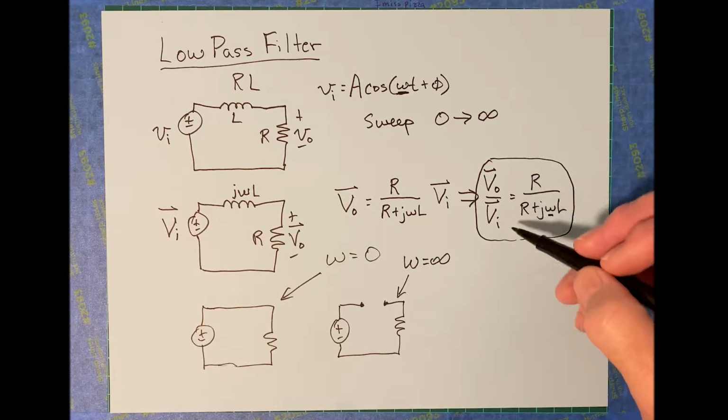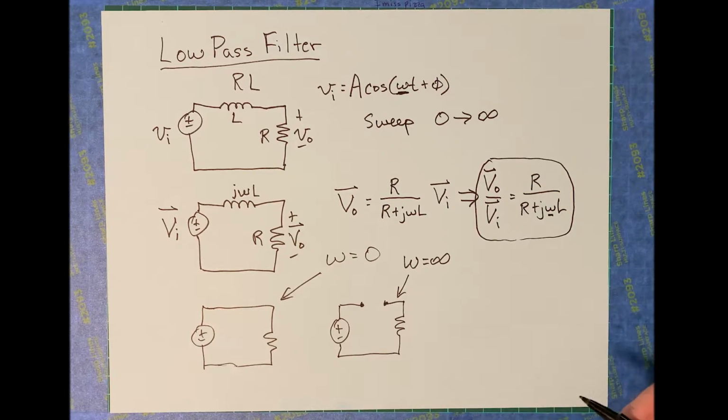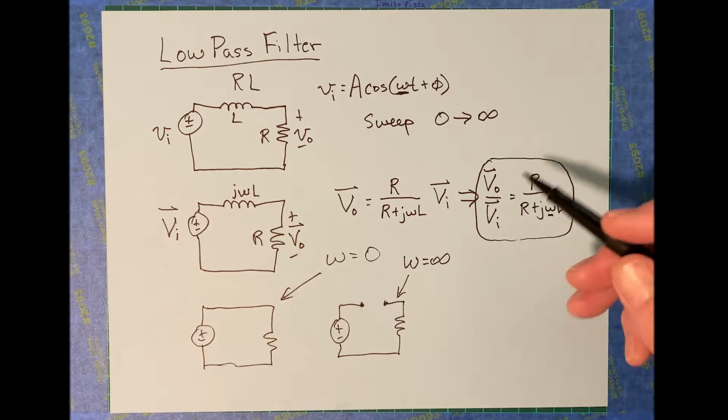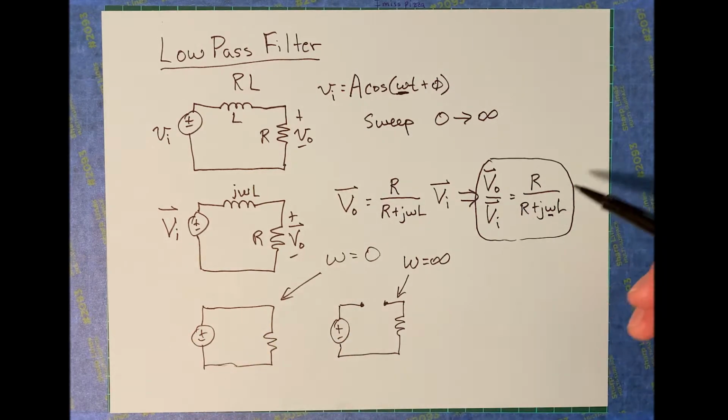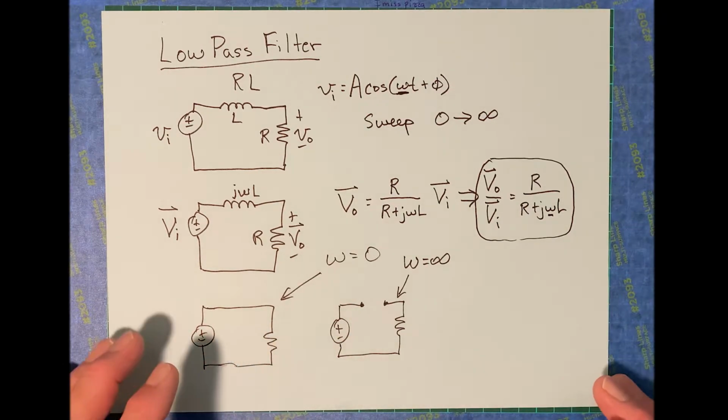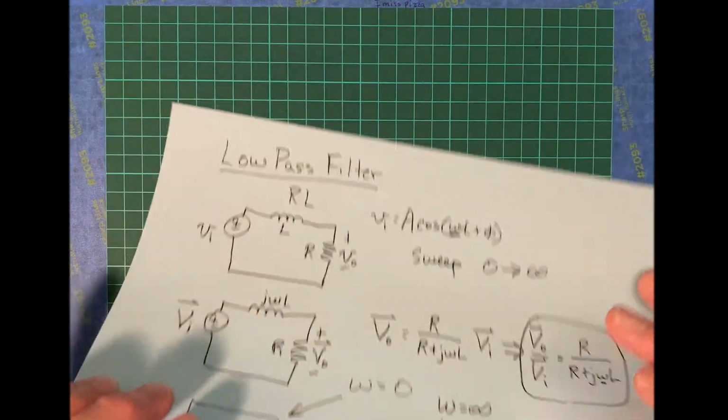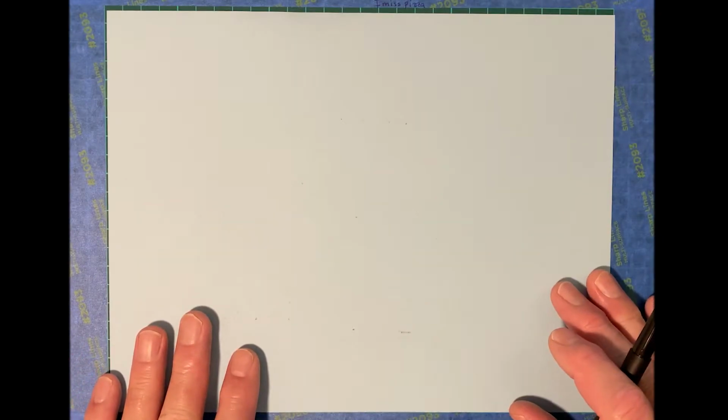So if we were to take this and create a plot, let's say we plug this into MATLAB or even Excel, and generated a bunch of numbers that we could plot, here's what we would get out.